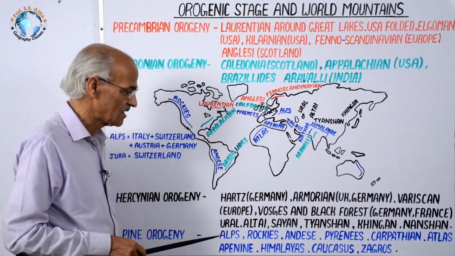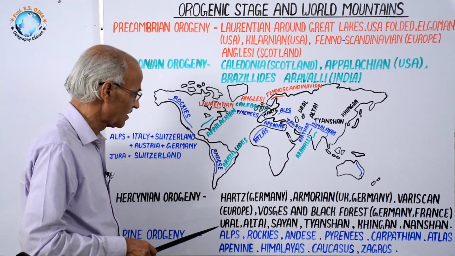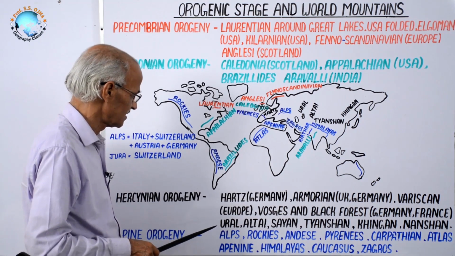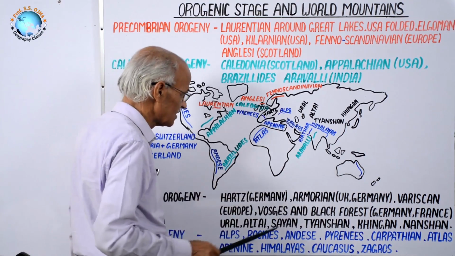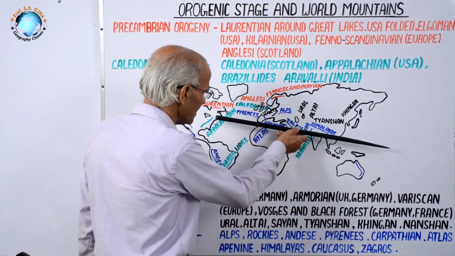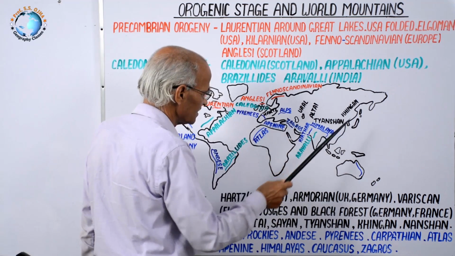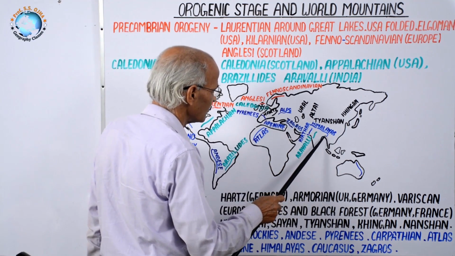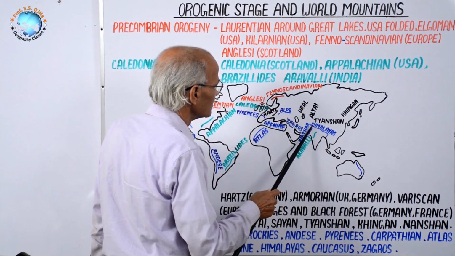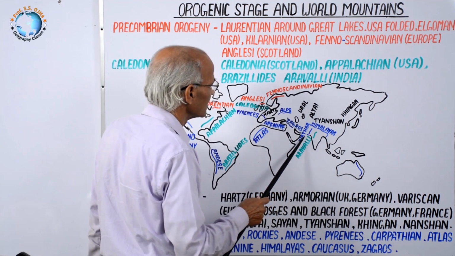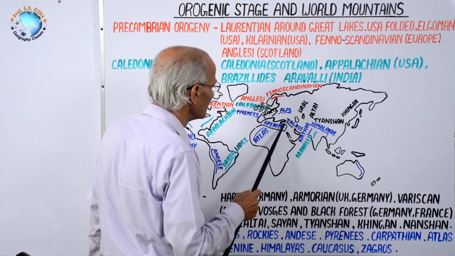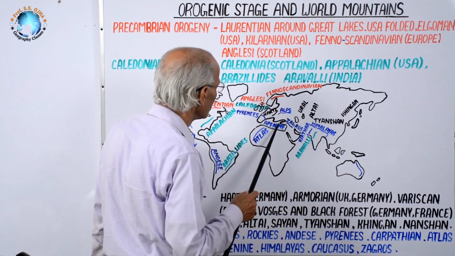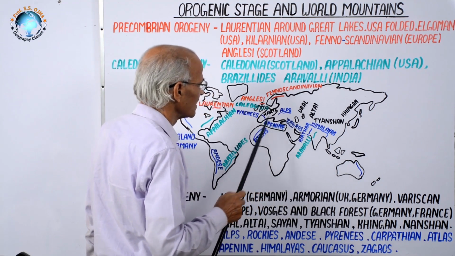Among those, Himalayas is very important that we will study in detail, but here these mountains are found in a line. This line starts from Himalayan mountain, then Suleiman, Kirthar, Hindu Kush, Zagros, and here Apennine, Pyrenees, Atlas also.